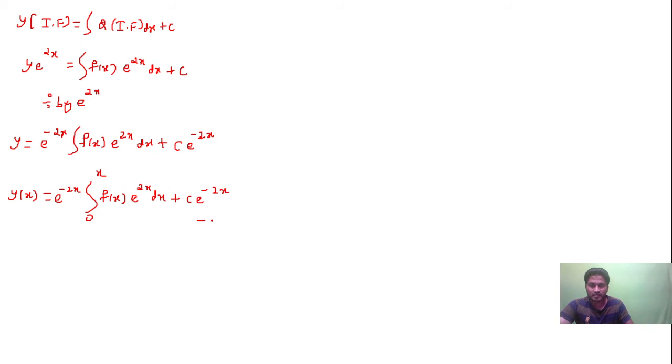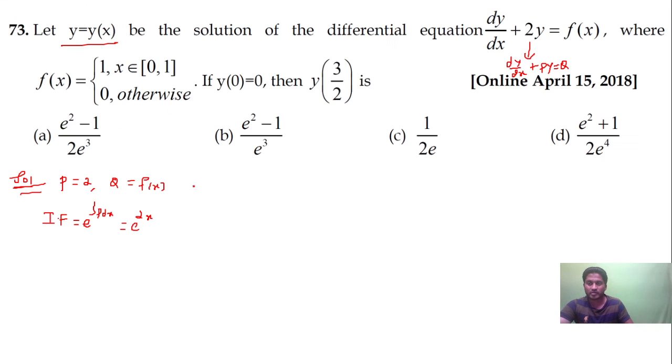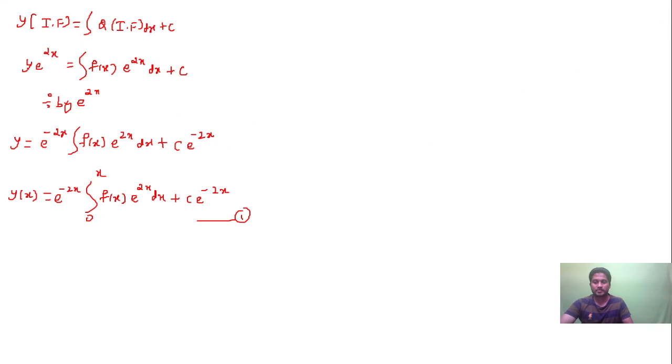You'll ask me, why did you take the integral from 0 to x? Here the boundary values are given, f(x) is 1 for x belongs to 0 and 1, and 0 otherwise. So I'm just fixing the boundary values.